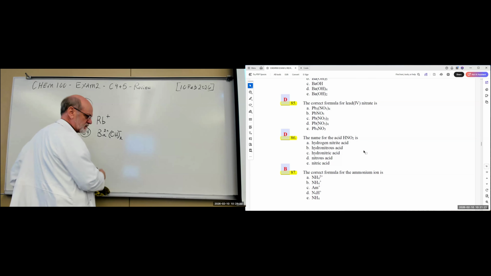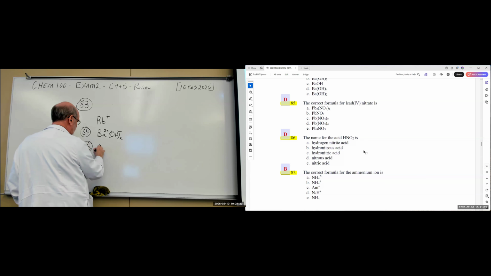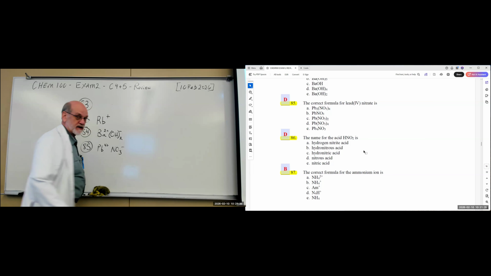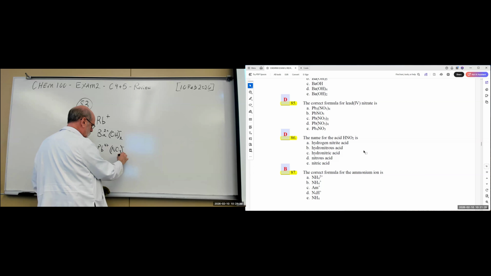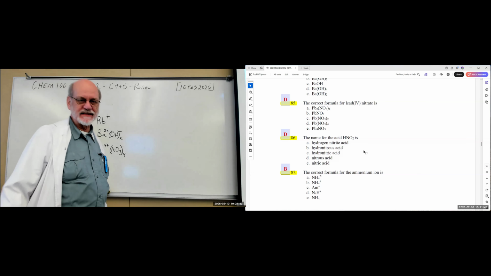Lead(IV) nitrate. This is 85. Lead with a 4+ charge, nitrate, polyatomic ion with a -1. So we need 4 of these to balance. That's D.